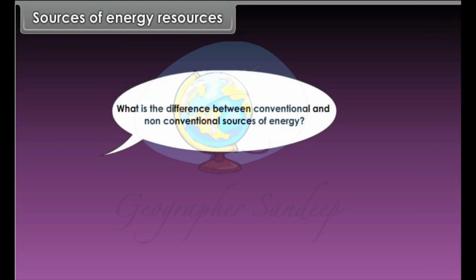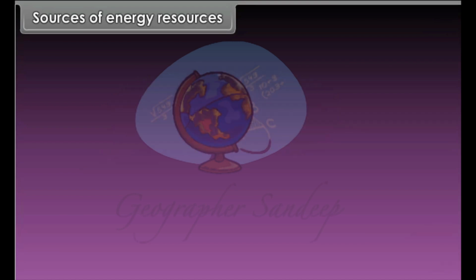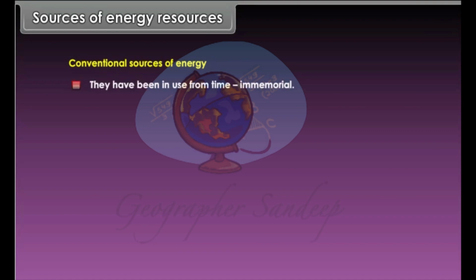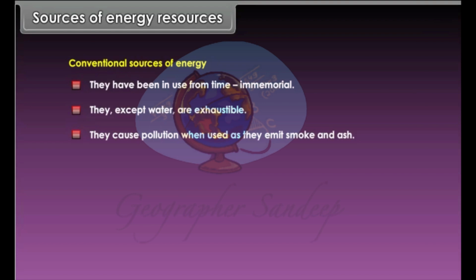What is the difference between conventional and non-conventional sources of energy? Conventional sources of energy. They have been in use from time immemorial. They, except water, are exhaustible. They cause pollution when used as they emit smoke and ash.